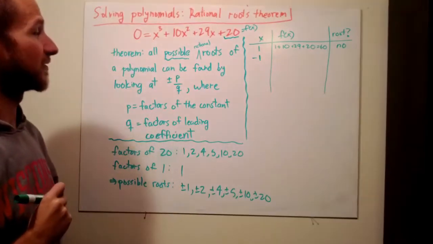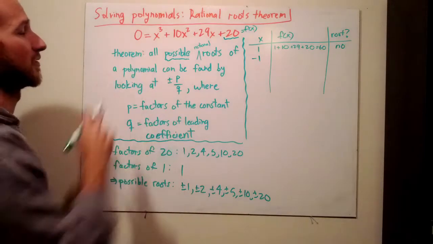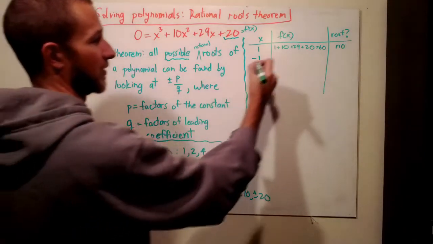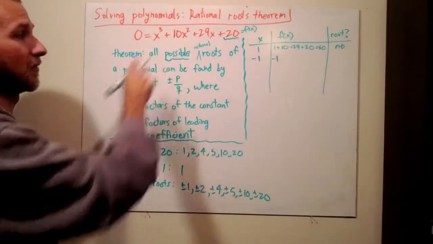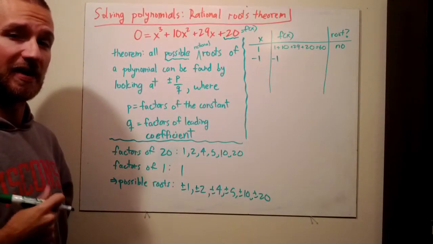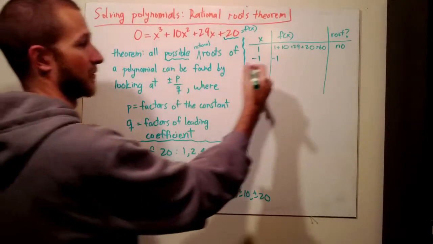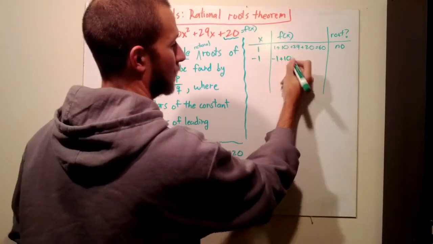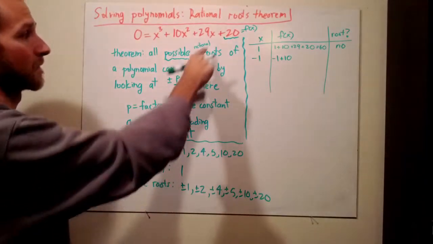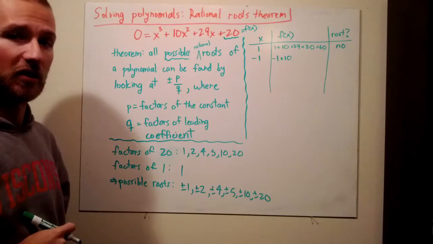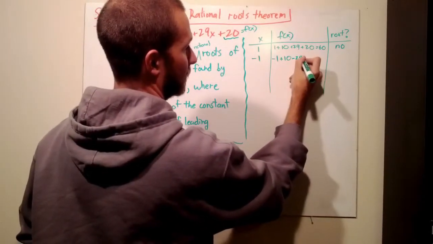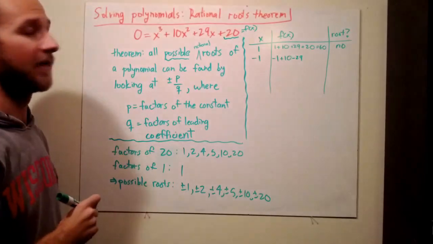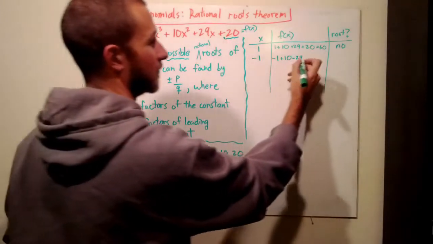Try negative 1 next. If I plug in negative 1, negative 1 cubed would be negative 1. Negative 1 squared is positive 1, times 10 is plus 10. If I plug in a negative 1 there, 29 times negative 1 is negative 29, so I'll be subtracting 29. And then I just add 20 at the end.